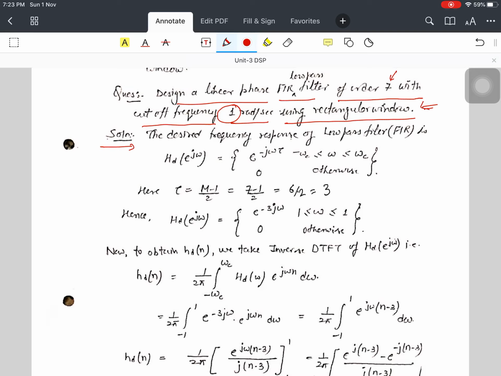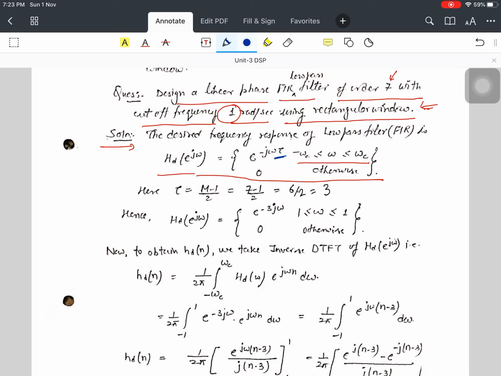If I talk about the solution of this problem, we know the response of the low pass filter is given by Hd(e^jω) = e^(-jωτ), when ω lies between -ωc to ωc, and otherwise 0. One thing is clear, we want to calculate this τ.